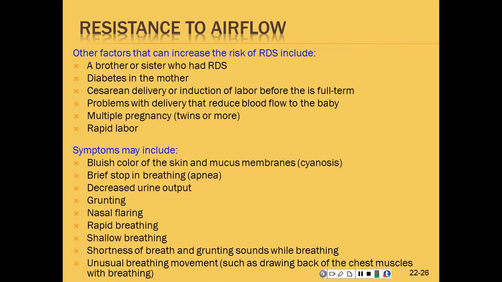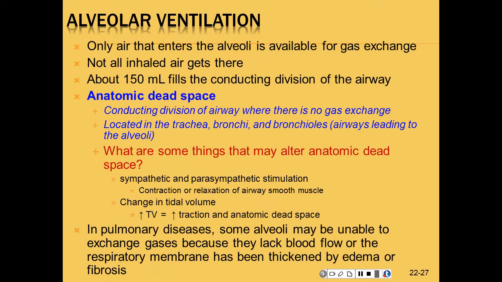Now symptoms, of course, you have grunting, nasal flaring, decreased urinary output, brief stops in breathing, shallow breathing, shortness of breath, grunting sounds while breathing, as well as rapid breathing. There's some symptoms, okay? I kind of added that stuff in. I thought it was very important.